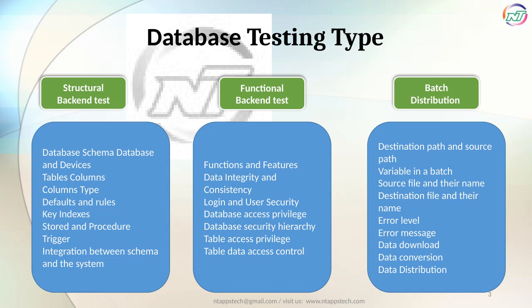Testing integration between the schema and the overall system is crucial to check that data flows smoothly and functions operate correctly. We check functions and features for correctness, as well as data integrity and consistency to avoid corruption or loss.